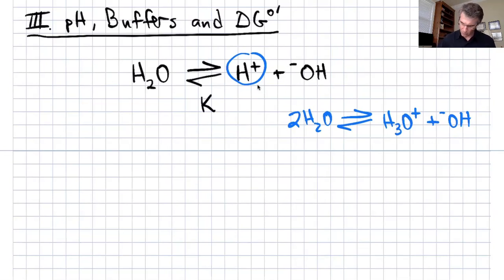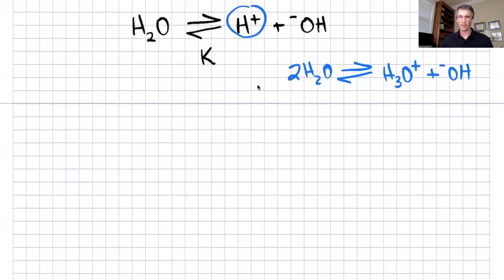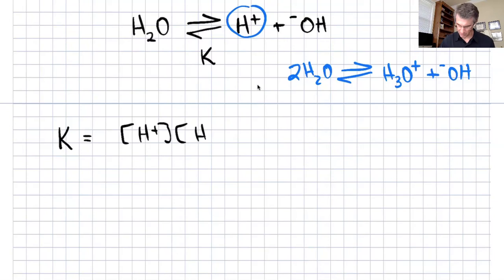Okay, so we can take that equilibrium constant as I've written it there, and we can write this out formally in the way we were talking about before, as a ratio of reactants and products. In this case, that equilibrium constant would look something like this, where K equals the concentration of protons times the concentration of hydroxyl ions divided by the concentration of water.